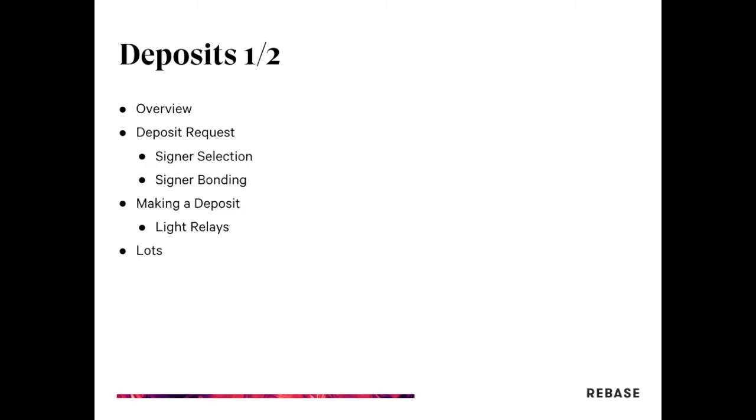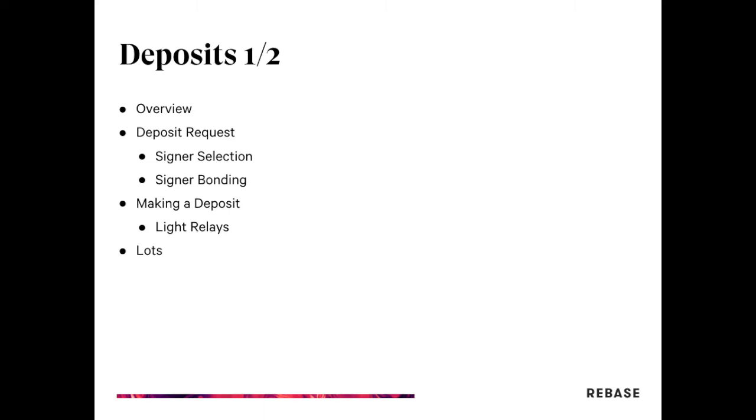Once the tBTC network has accepted the proof that the depositor has made their deposit, the depositor then receives their bond back, which we talked about earlier, for the cost of creating the signing group.